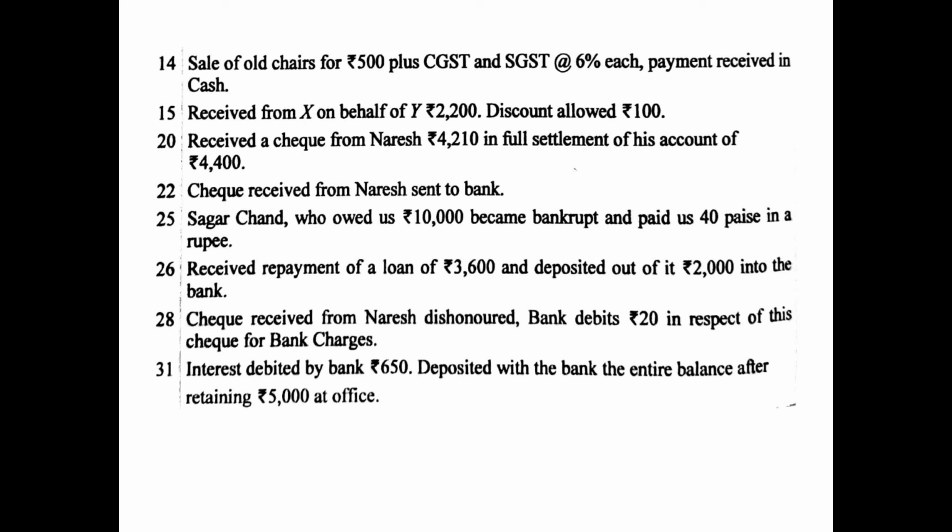Then you will total the receipt side of the cash column and bank column separately, then you will total the credit side or the payment side of cash column and bank column separately. Then whatever the cash balance is there, 5,000 you will carry forward to the beginning of the next period, and the rest of the balance will be deposited into the bank.